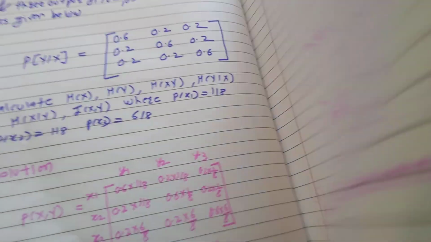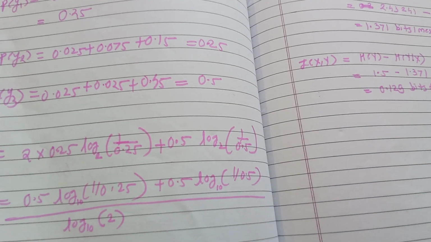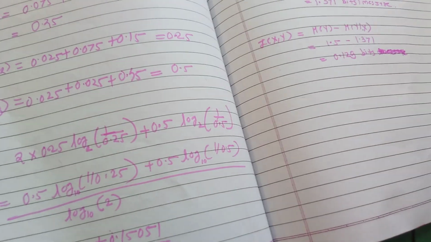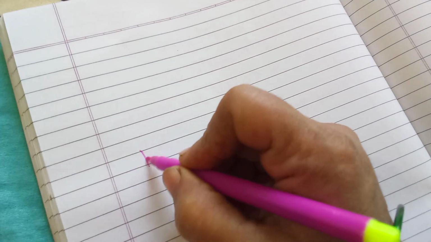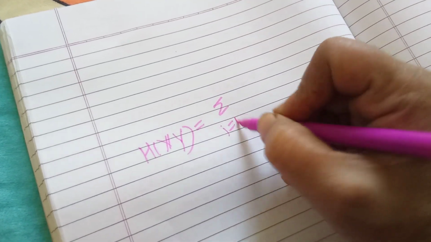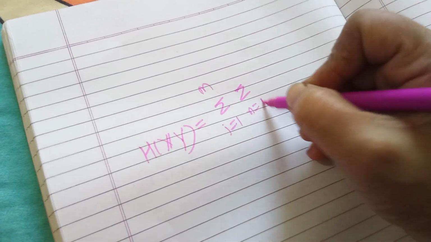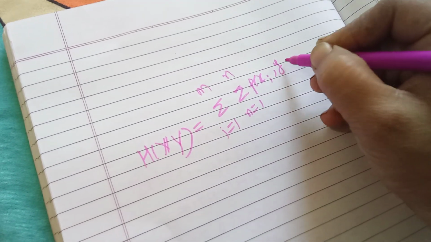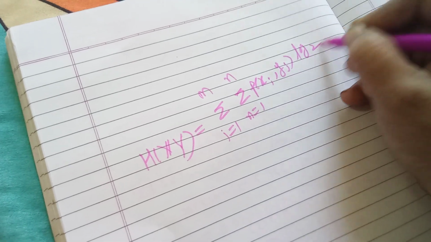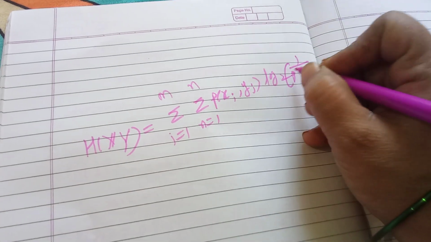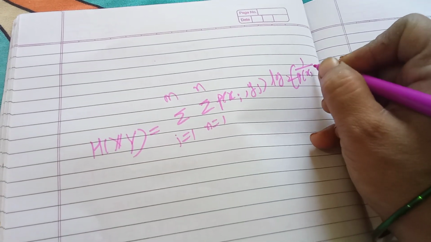So I will write here that formula so that you will understand what I want to tell you. H(X given Y) is the summation i equal to 1 to m, summation j equal to 1 to n, P(xi, yj) log 2 of 1 by P(xi given yj).